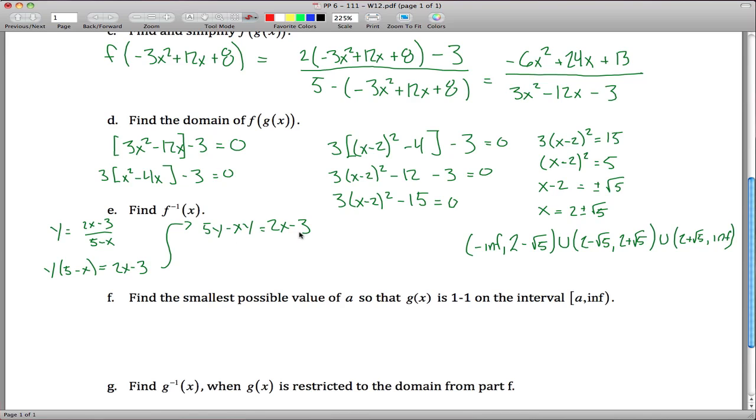Maybe add xy over here, add 3 over here, and what I get is 5y plus 3 equals 2x plus xy. So finally, to solve for x, I could factor out an x from both of these terms and get x times 2 plus y equals 5y plus 3.